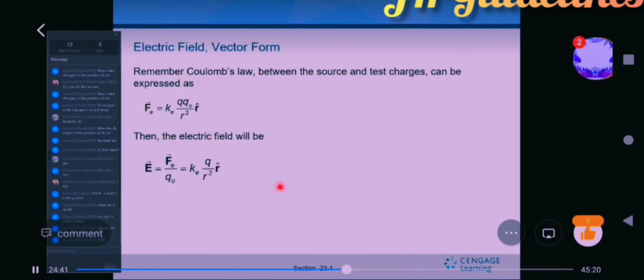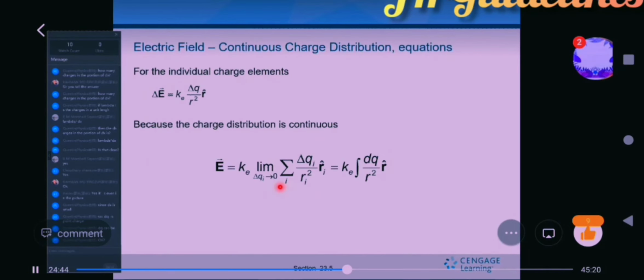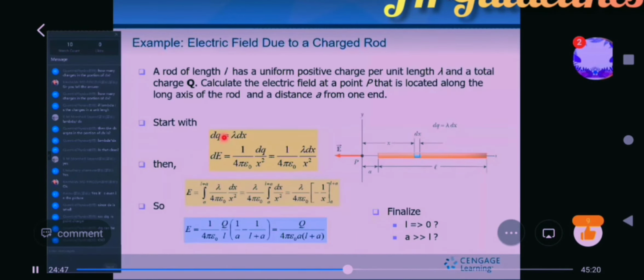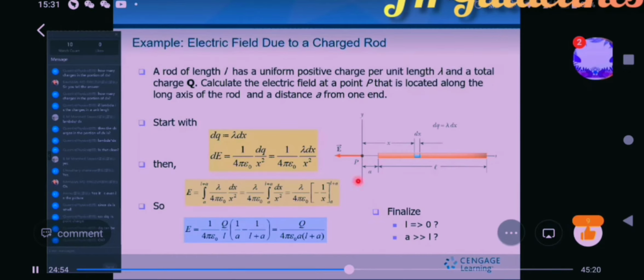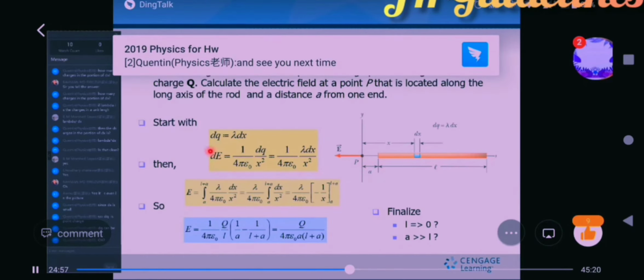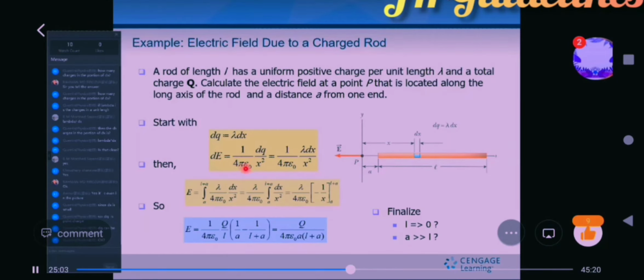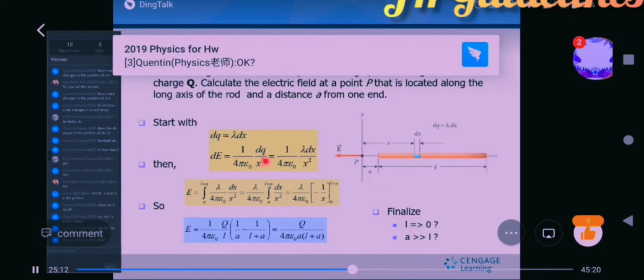Since the point charge is so small, it will have a very small electric field at point P, which is dE equals K, where 1 over 4 pi epsilon 0 is K, times dQ divided by R squared. The R for this dQ to point P is x.